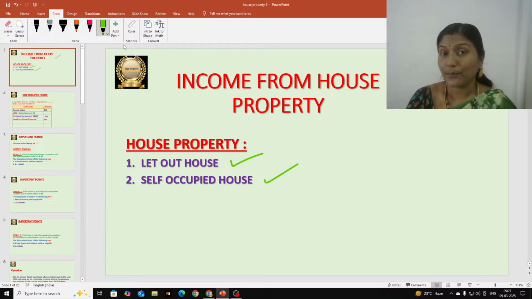In the previous sessions I discussed let out house. Here I want to discuss self-occupied house problems. For calculating income from house property for self-occupied houses, what is the format that we should know, and what format are we going to use? Okay, let us see that.